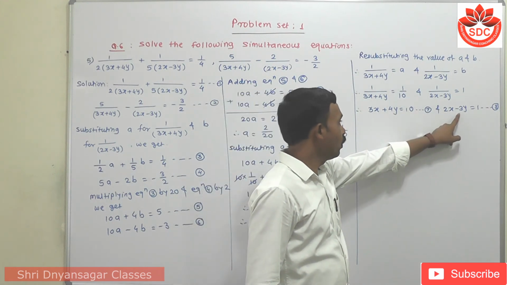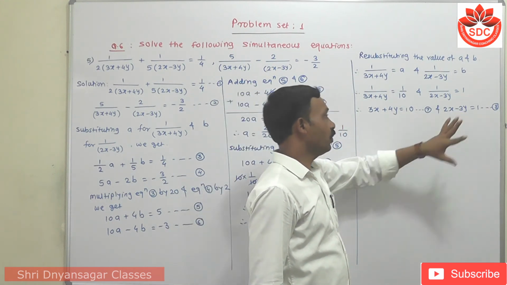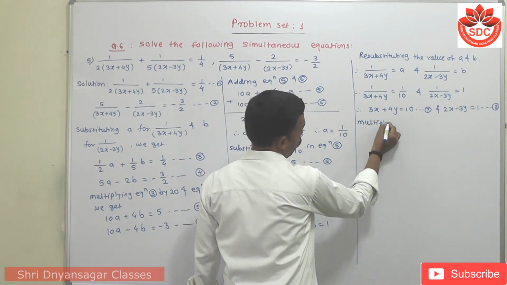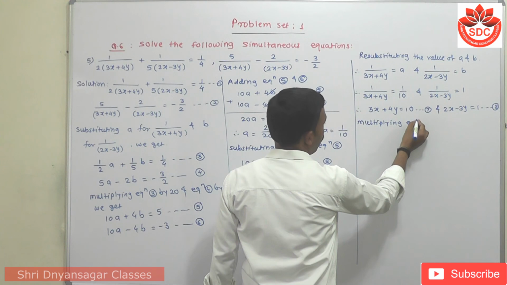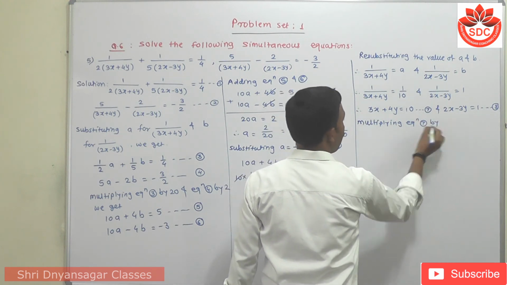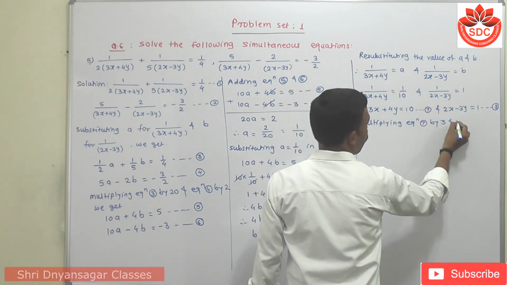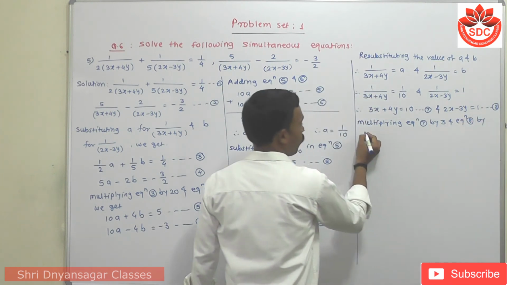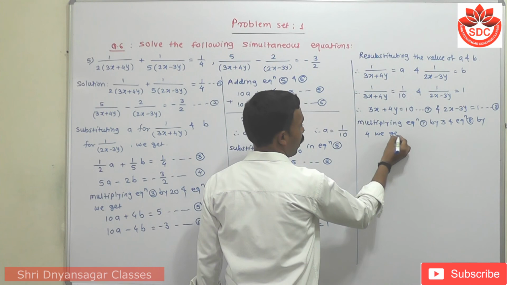Here it is 4, we get 12y. So I have to write here, multiplying equation 7 by 3 and equation 8 by 4 we get.